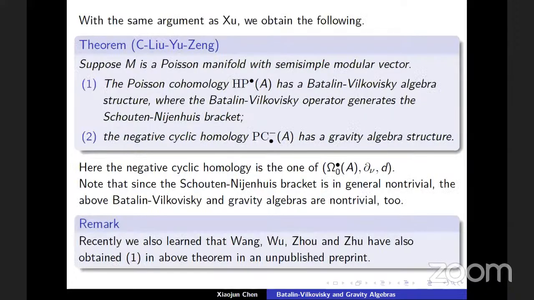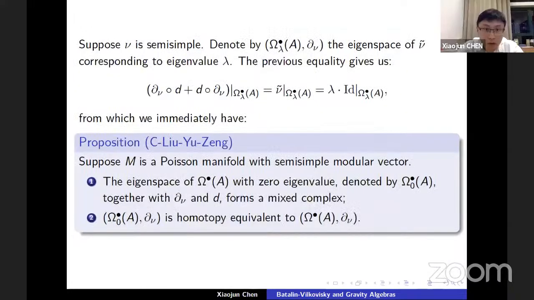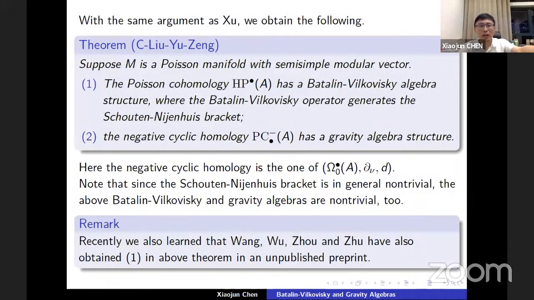So now, with the same argument as Xu, because now we can consider the subcomplexes, this subcomplex computes the whole original Poisson homology, right? So with the same argument as Xu, we get the following.